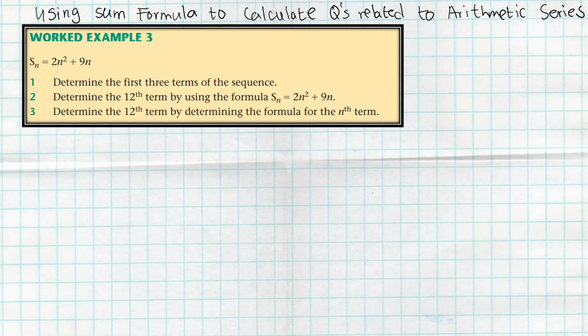Most learners just think this question requires S1, S2, S3. Not really, it really requires the terms, not the sums, right? They will give you a sum formula, but from the sum formula they want you to calculate what? The terms of the sequence. So they don't want S1, S2, S3, but they need the terms.